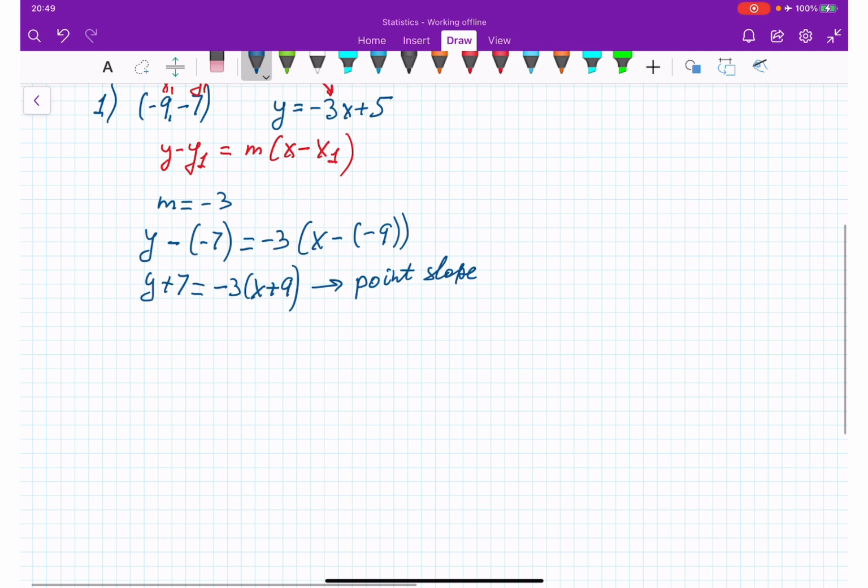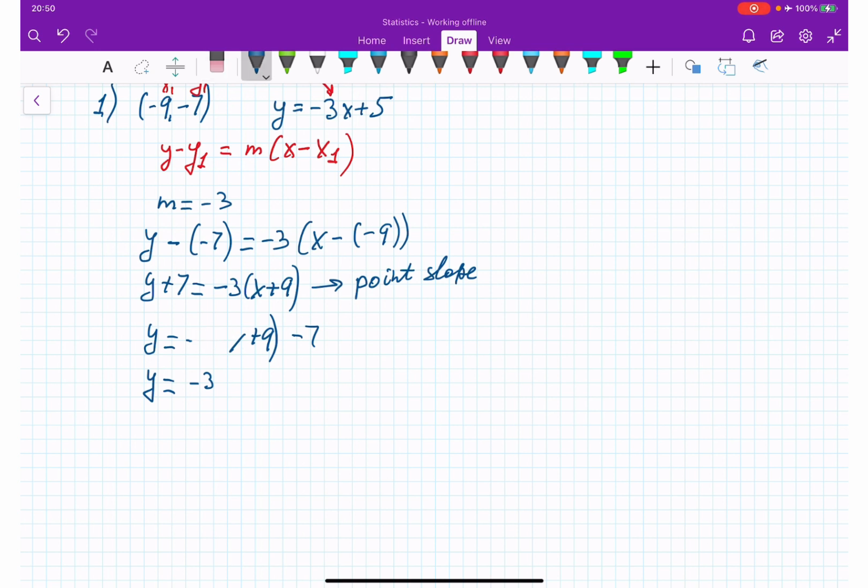Okay, now to write this equation in the form of slope intercept, I have to find y from here. y is equal to -3 times (x plus 9), and moving this 7 to this side, which will be -7, and from here y is equal to -3x, oops, I messed up here, looks like.